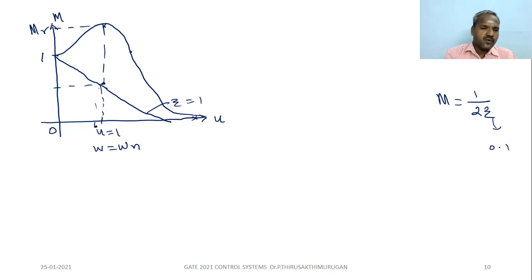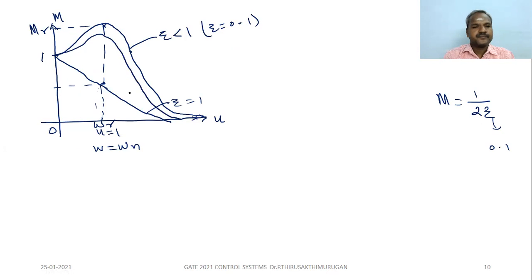So this is omega R, resonant frequency. Corresponding magnitude is resonant peak. This is for zeta value less than 1, very low value, say zeta equal to 0.1 or 0.2, 0.3, etc. As zeta value increases, the curve also moves like this.